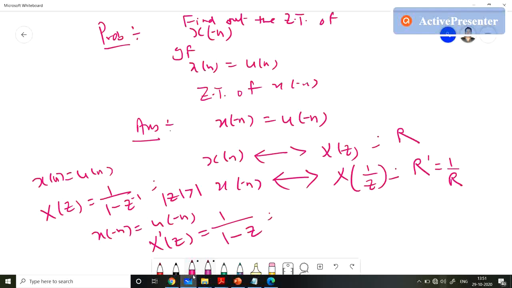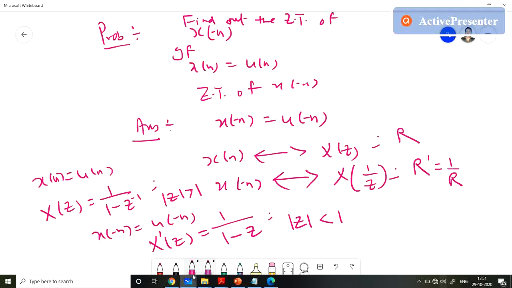And what is the ROC? The ROC is now 1 divided by R, which means the ROC is now modulus of z less than 1. Previously the ROC was modulus of z greater than 1 for this signal when x[n] is equal to u[n].